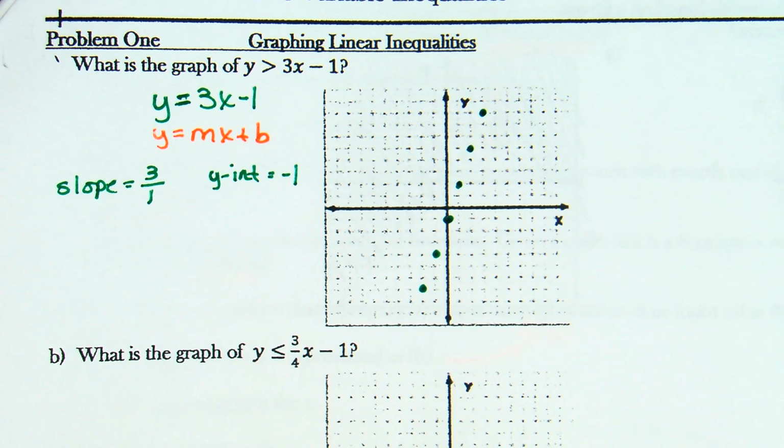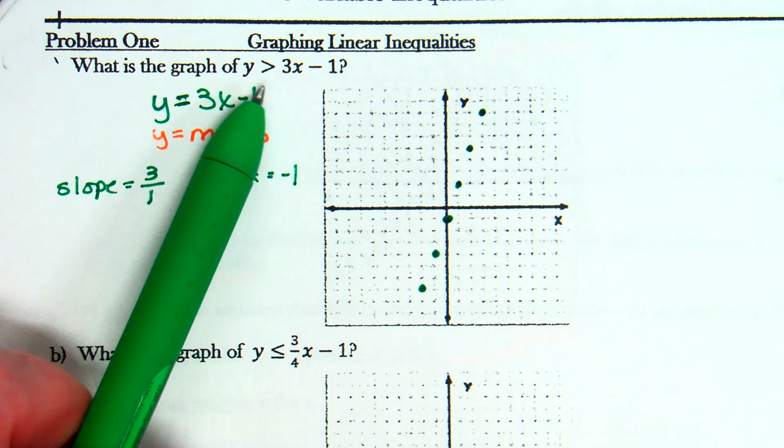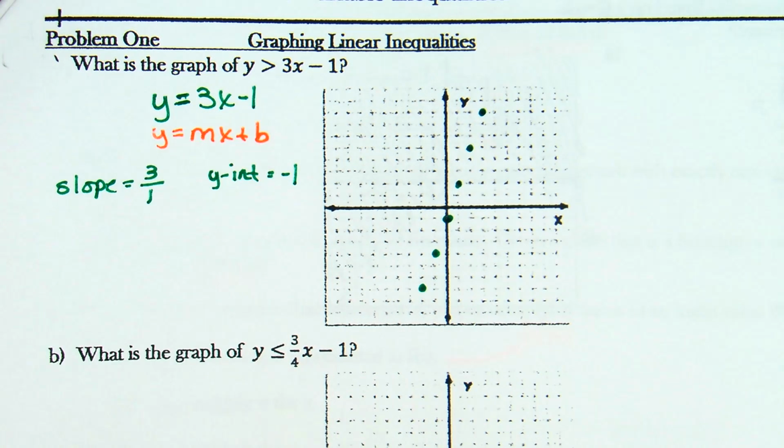Because this is just greater than, what's missing? It's not equal to. Because there's no little line underneath saying greater than or equal to, it's going to be a dotted or dashed line. Have you guys used the terminology dotted line before? I say dashed usually, but it doesn't matter.